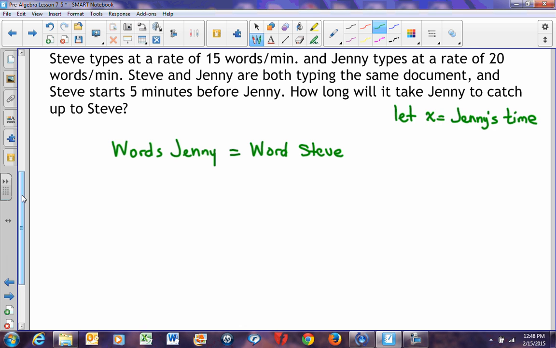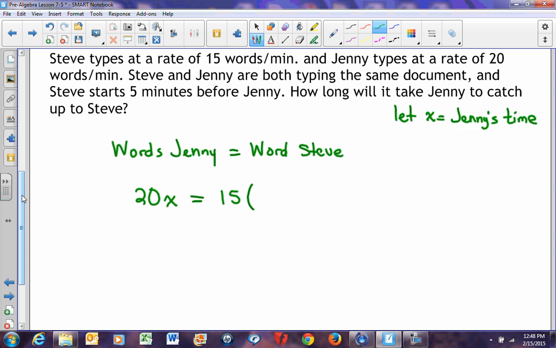So it says Steve types at a rate of 15 words per minute, and Jenny types at a rate of 20 words per minute. Okay, so Jenny's words are going to be 20 words per minute times the time that she's working, and Steve is going to be 15 words per minute times his time that he's typing.